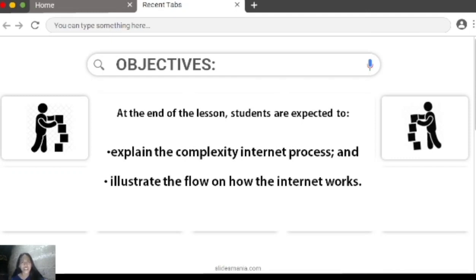Have you ever wondered how the internet works but you don't have any idea or technical knowledge about it? It is essential for us to understand that the internet is nothing more than a term used to describe a massive worldwide network of computers connected to share content.